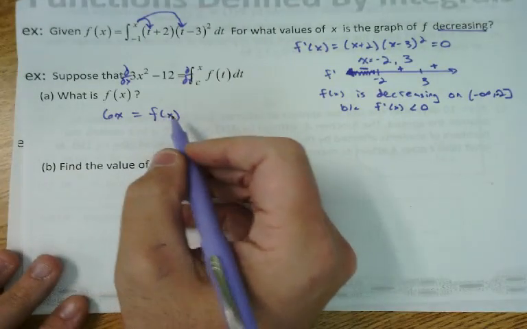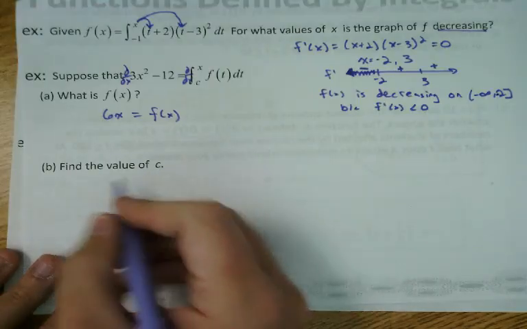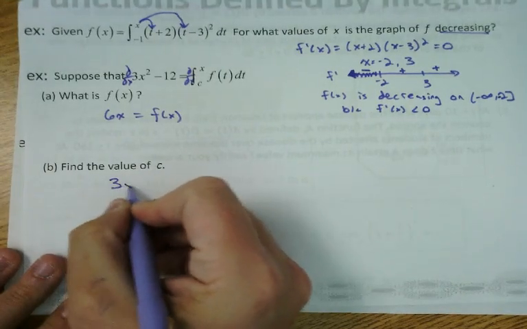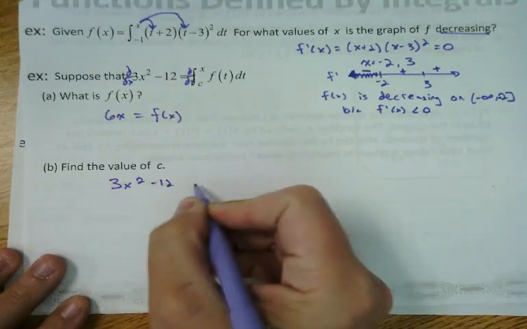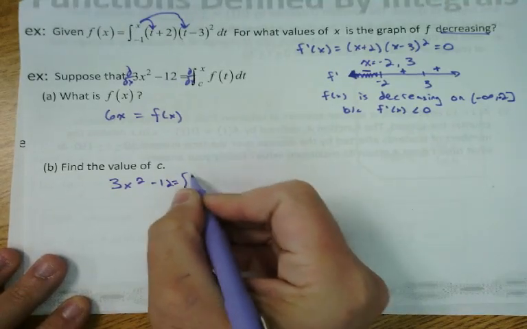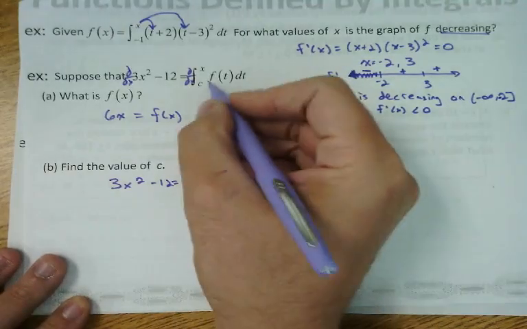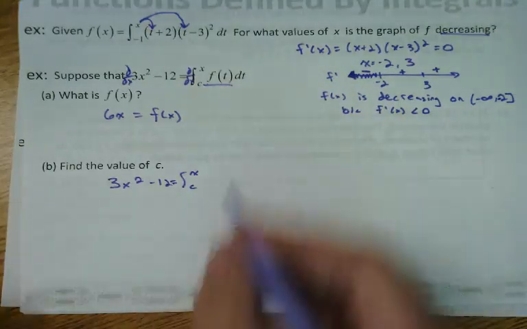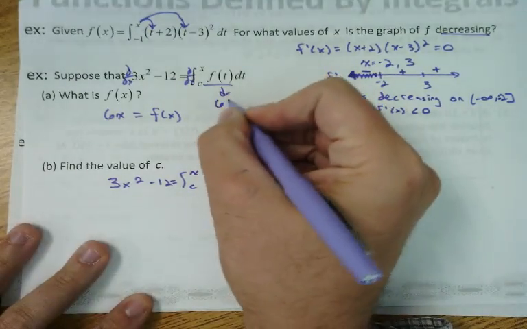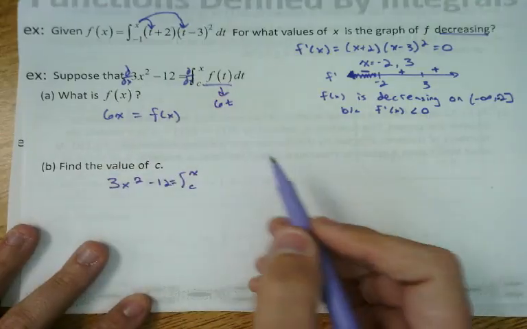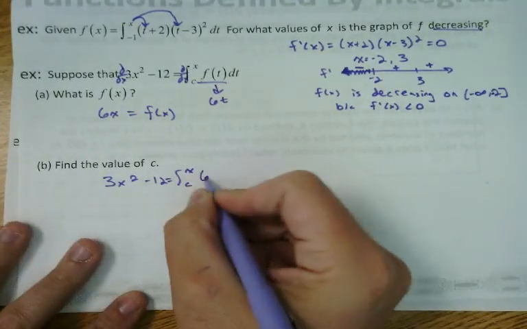All right, how to find the value of c now? This is what we're going to do. We're just going to copy this down again. 3x squared minus 12 equals the integral from c to x of f of t. I can replace f of t with 6t. Since f of x is 6x, f of t would be 6t.